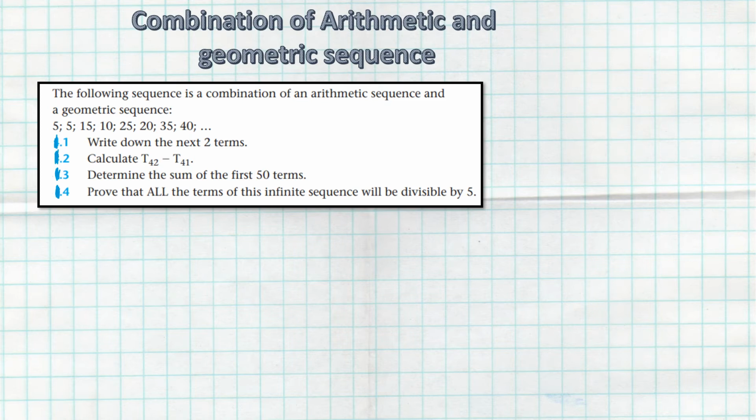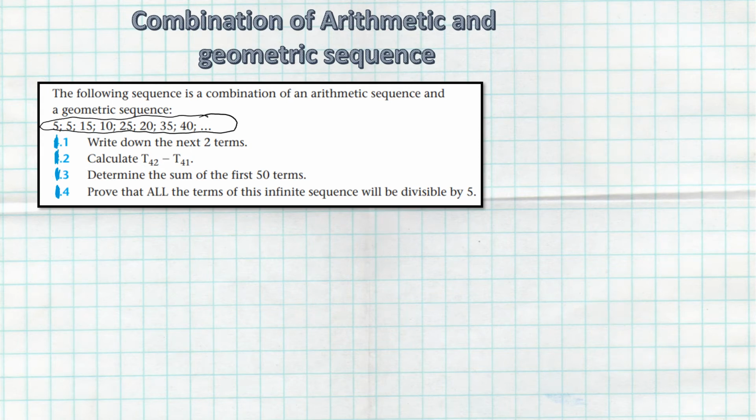They said the following sequence is a combination of an arithmetic and a geometric sequence. This statement that is given in this example, it's very rare that you'll get it in your exam, unless they want to break down the complexity of the question. Most cases they'll just give you a sequence like this and keep quiet, and what follows will just be questions.